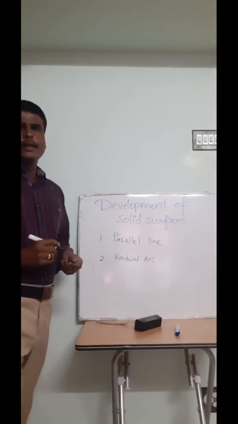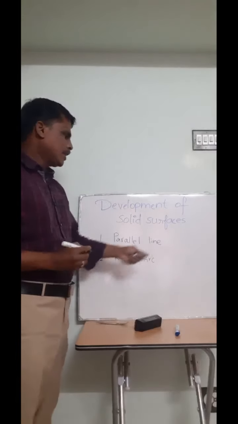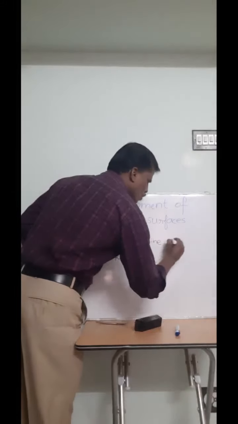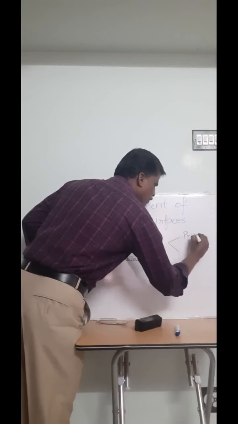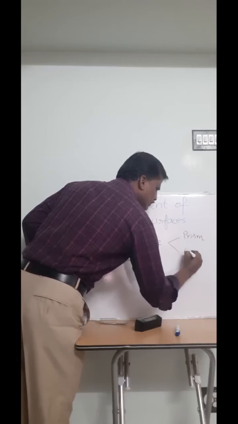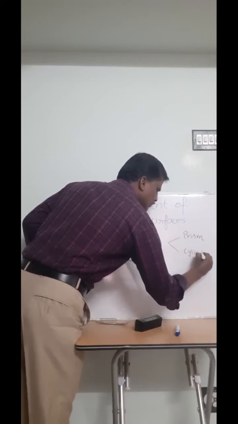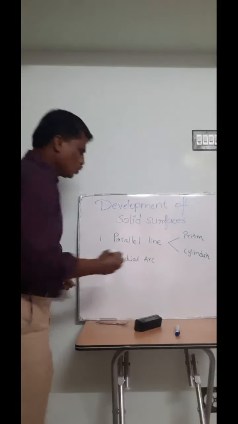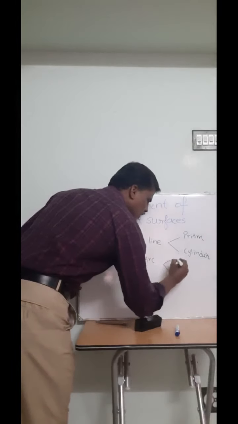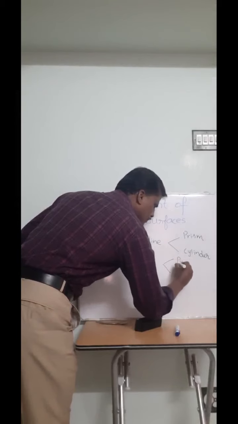The parallel line method is used to solve the prism and cylinder, whereas the radial arc method is used to draw the development of pyramid and cone.